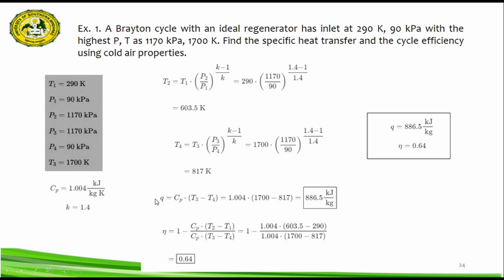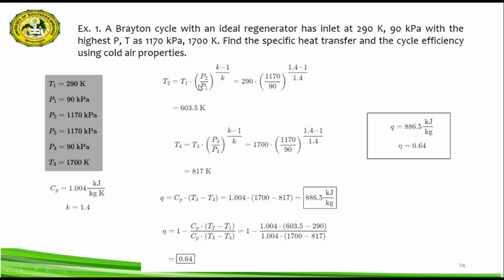So to solve for the temperature at state 2, we can use this equation: T2 equals temperature at state 1 multiplied by the pressure at state 2 over the pressure at state 1, raised to k minus 1 over k.